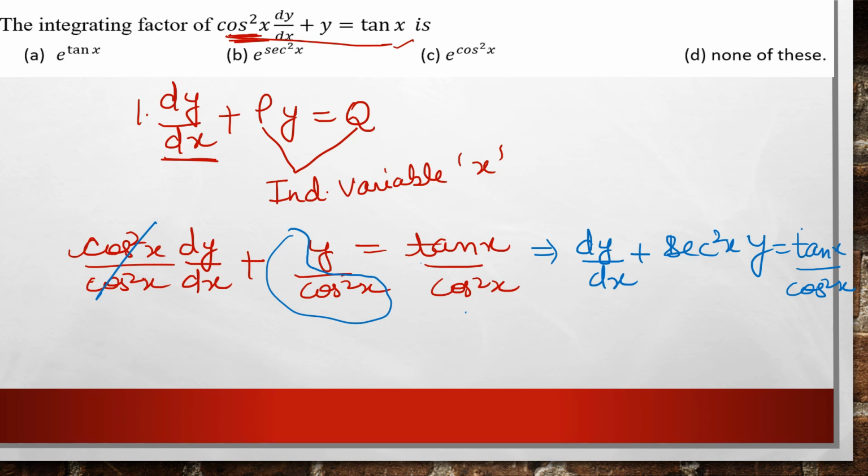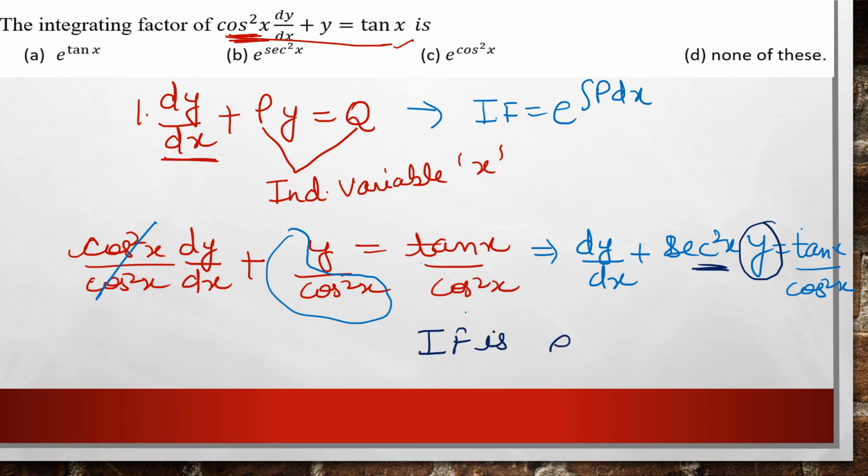Okay. Now for this equation, what is the integrating factor? The integrating factor is e power integral of p dx. And here what is your p? p is the coefficient of y, and that is secant square x. So the integrating factor is e power integral of secant square x dx. And what is the integration of secant square? That is tan x, right? So the first option is the correct one.